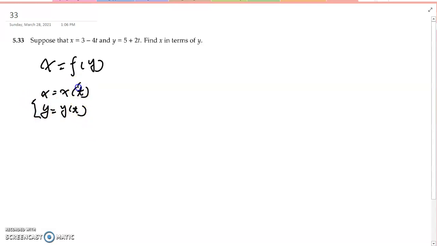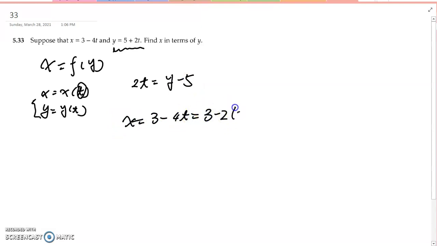So we are going to replace the t with y. From this equation, we have 2t equals y minus 5. Then x equals 3 minus 4t, equals 3 minus 2 times 2t, equals 3 minus 2 times (y minus 5), equals 13 minus 2y.